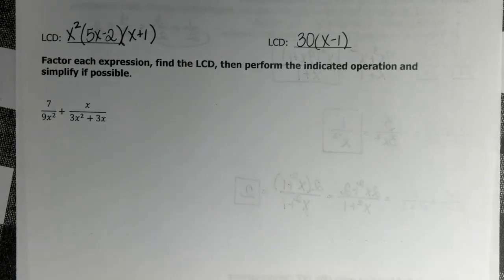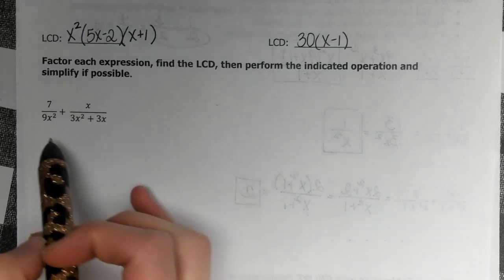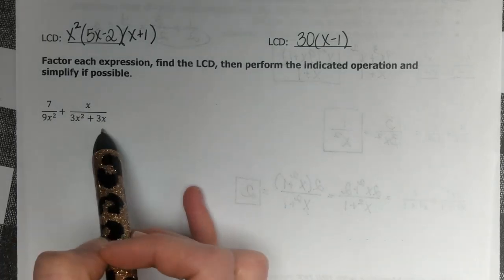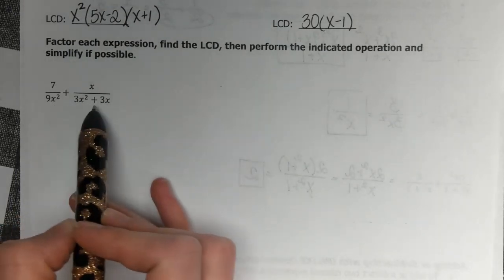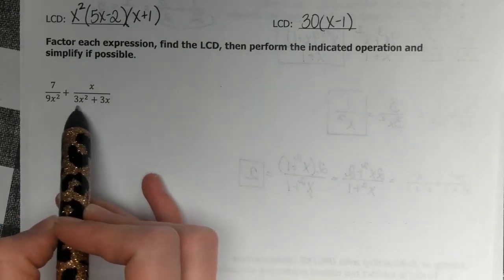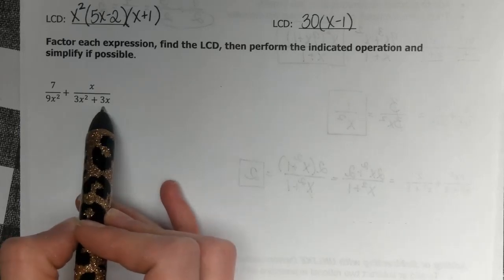Okay, so what we're going to do is we're going to always try to factor first. We're going to find our LCD, and then we're going to manipulate these two expressions to make sure I have common denominators. So if I have 7 over 9x squared plus x over 3x squared plus 3x, I can't do anything with this first fraction, but I can factor this denominator for my second fraction.